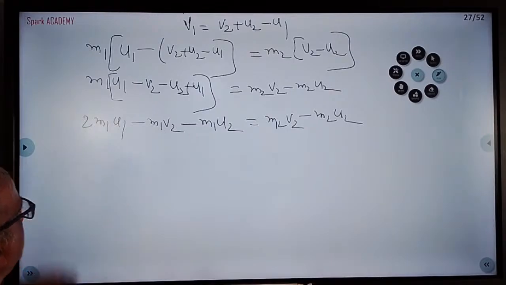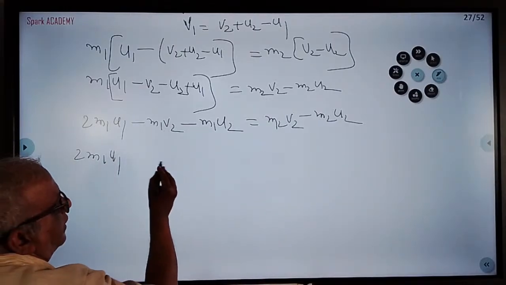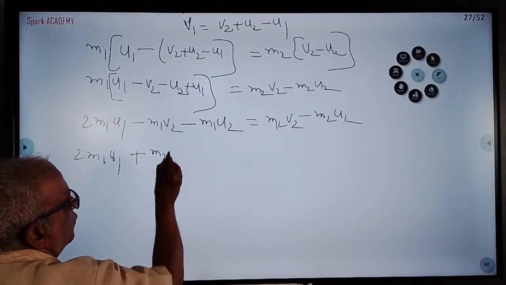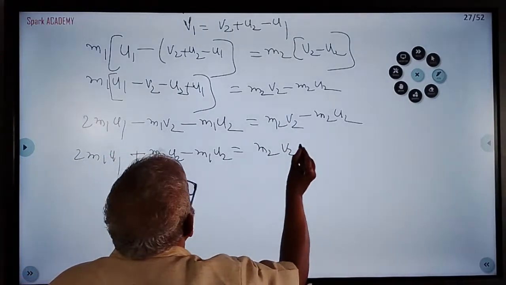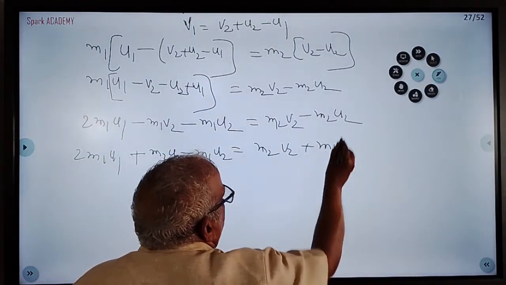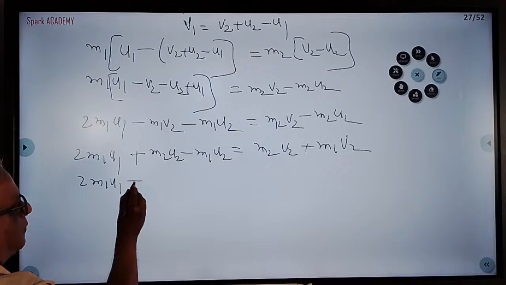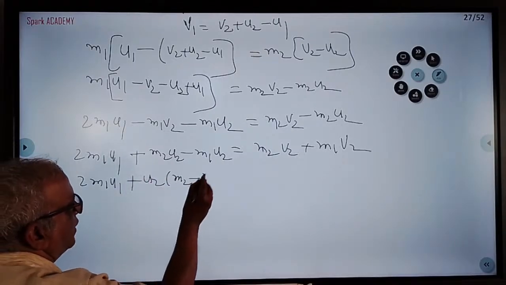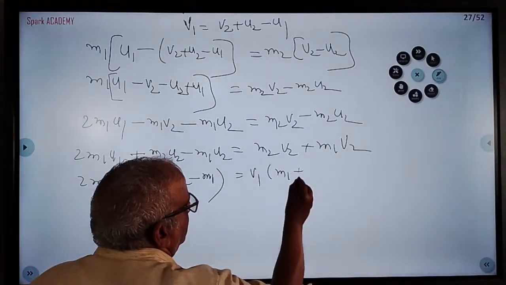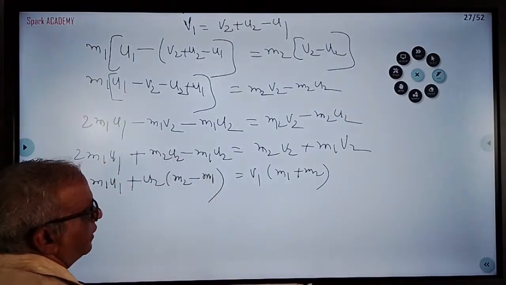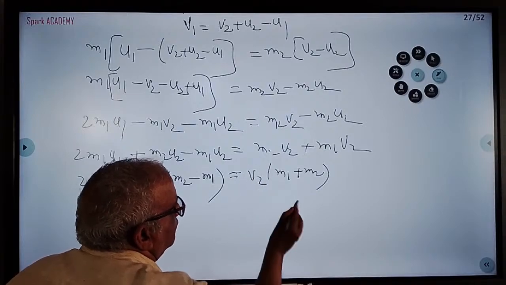I am keeping 2 m1 u1 like that and bringing the u2 terms to this side. Then plus m2 u2 minus m1 u2 will be there, and m2 v2 plus m1 v2. So it comes as 2 m1 u1 plus u2 into (m2 minus m1) equals v2 into (m1 plus m2).